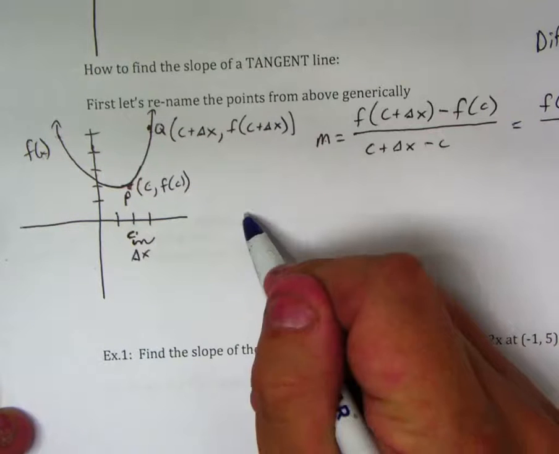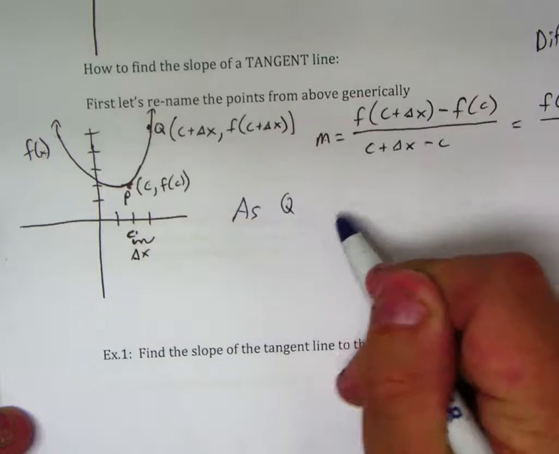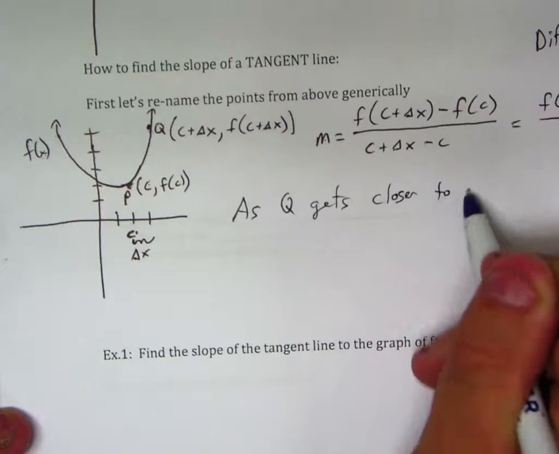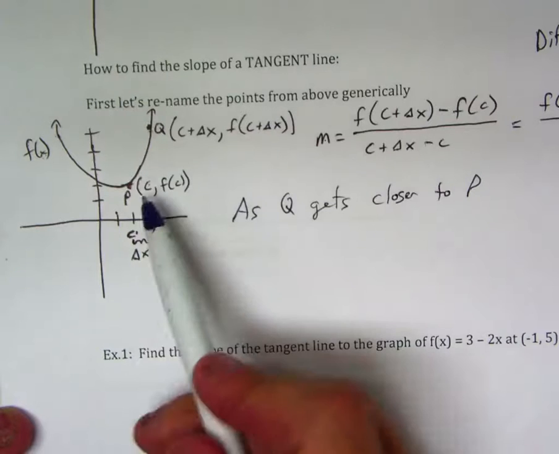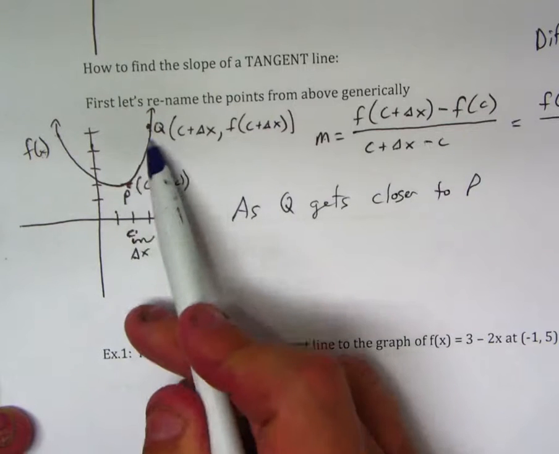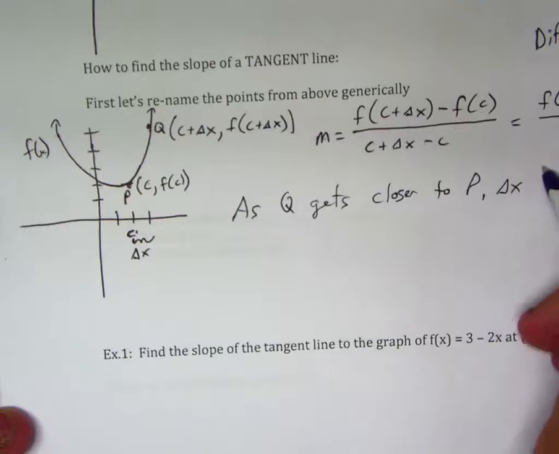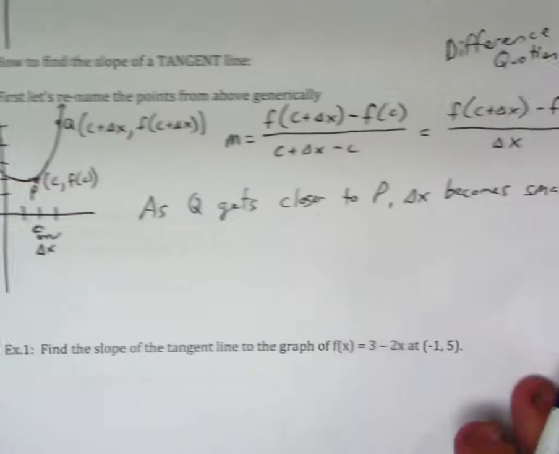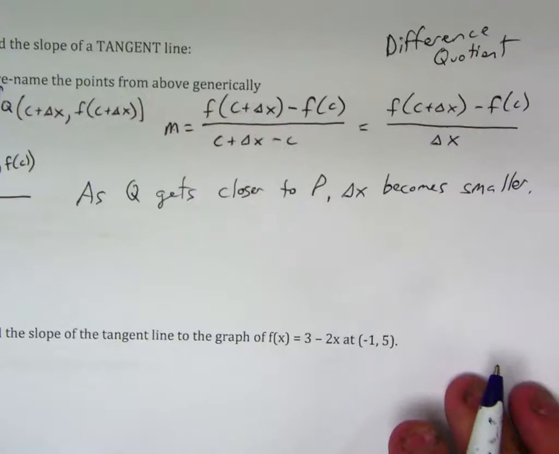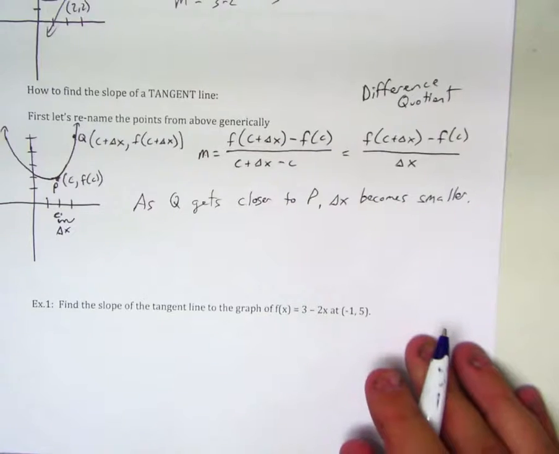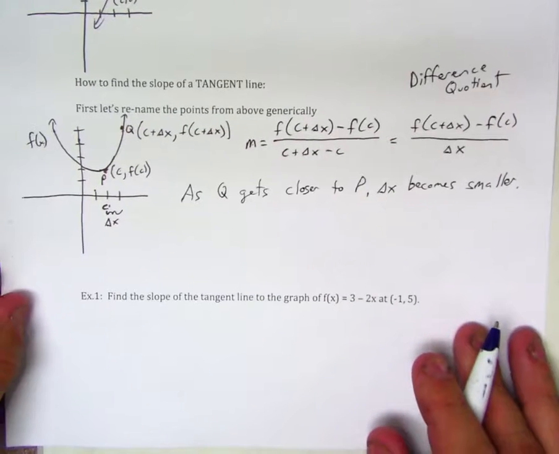Okay? So what we're going to say is, as Q gets closer to P, because we're trying to find the slope right at P, we want this Q to get really close to P, delta x becomes smaller. I don't know how to zoom out on that. Is that doing it? Oh yeah, there we go.